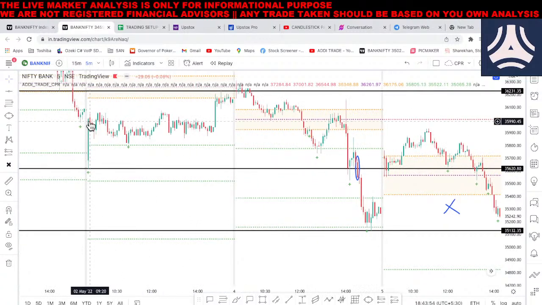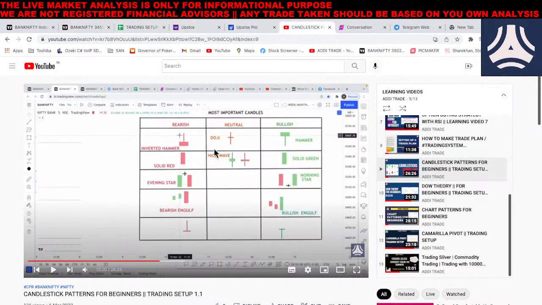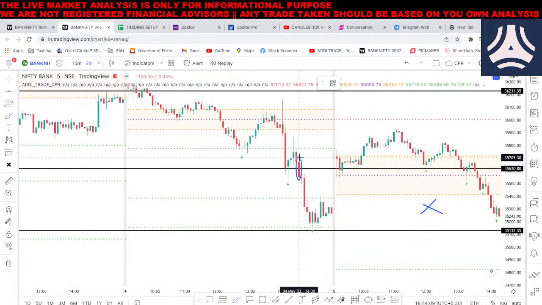So after this red candle, because this is a nice solid red candle, and one of the candlestick patterns that we have is a nice solid red candle, our stop loss would have been the previous day low itself, not the high of this candle.